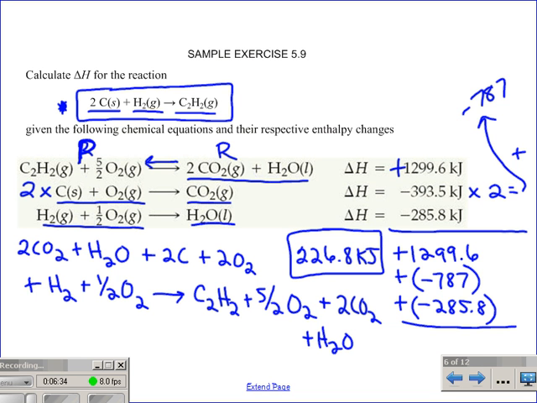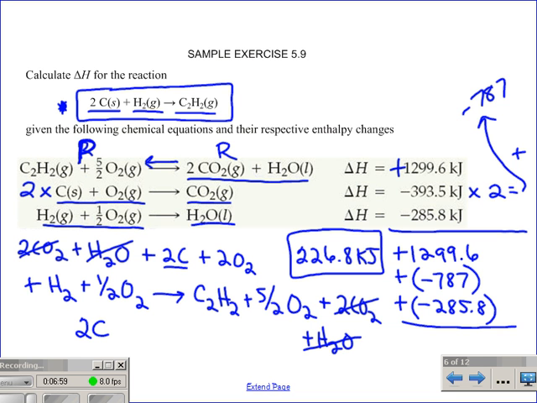Okay, so figuring out what we have here, I see that we have 2 CO2 on the reactant side and 2 CO2 on the product side, so those cancel. I also have 1 water on the reactant side and 1 water on the product side, so those cancel. 2 carbons, that's going to stay because I don't have 2 carbons on the product side.